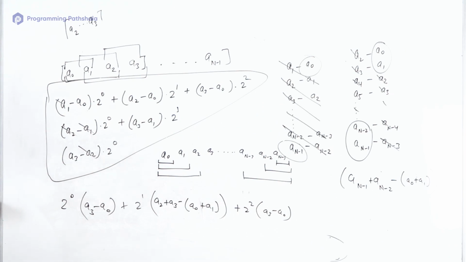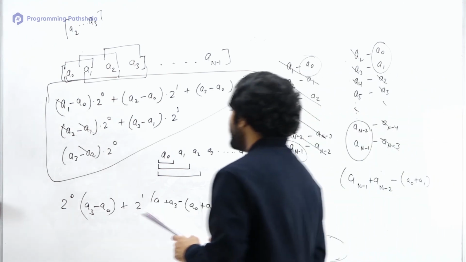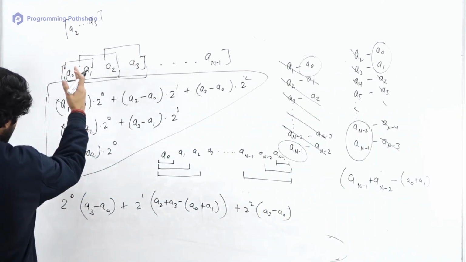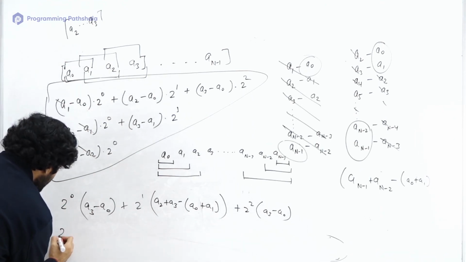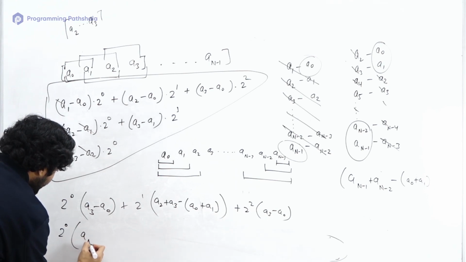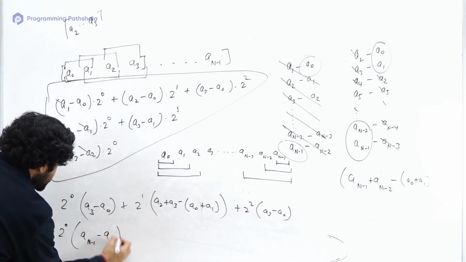So now that we have understood this thing, we can apply it and solve the problem very easily. The contribution of the 0th column would be something like this: 2 raised to power 0 multiplied by a(n-1) minus a0. Correct?